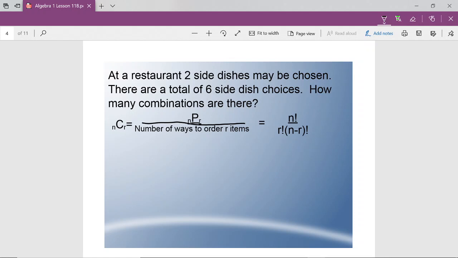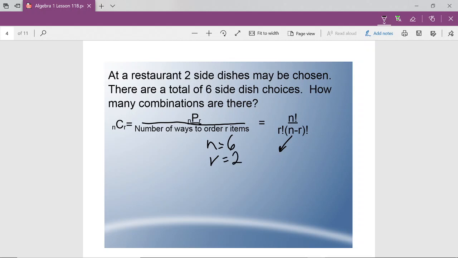So let's plug our information into our formula, and we say, all right, n is how many total possibilities there are, and we say there are 6 side dish choices. We want to choose r of them. We want to choose 2.